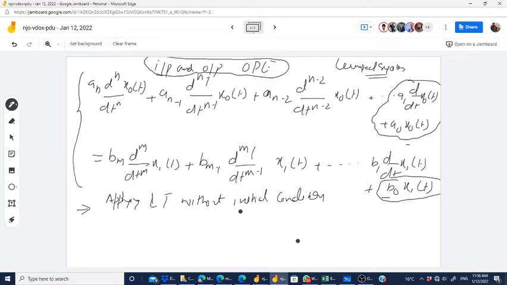Why are you choosing the initial condition as 0? Because if you are not taking the initial condition as 0, then the system becomes non-linear. How? We will see from one example in the PDC. Right? Don't worry.